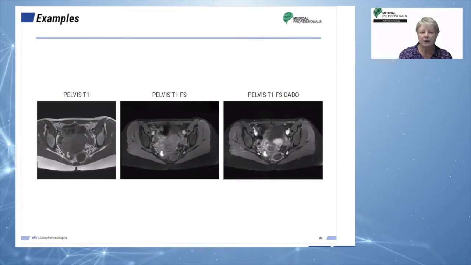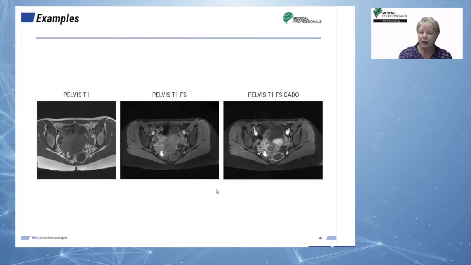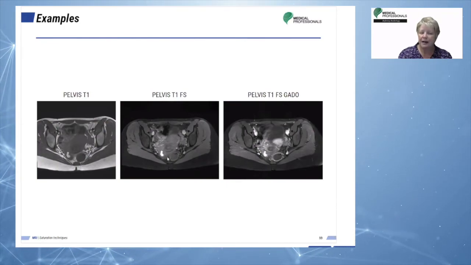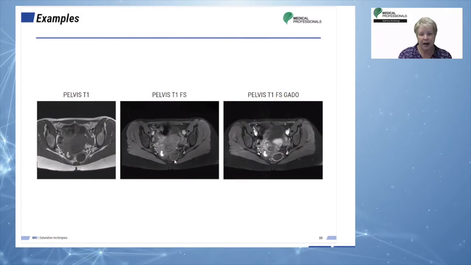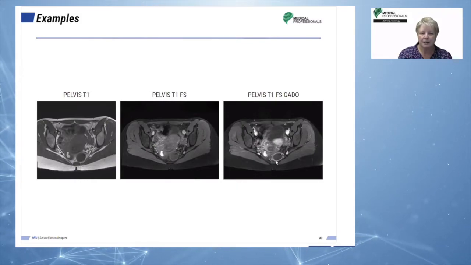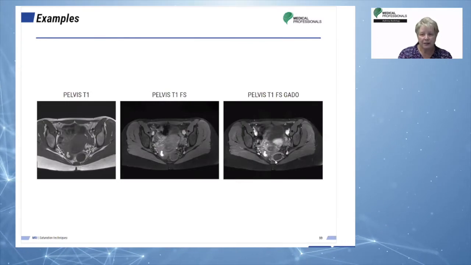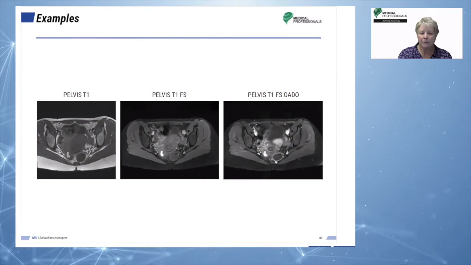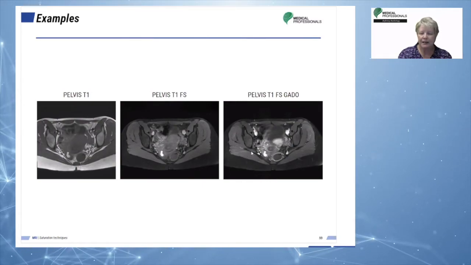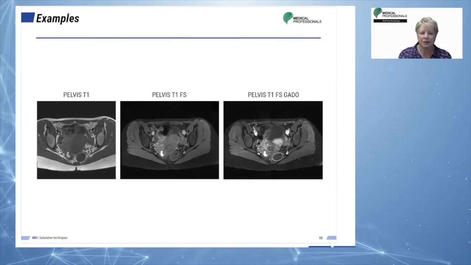The middle image shows T1 with fat saturation, and we visualize persistent hypersignal, telling us that the hypersignal seen is not fat and it is some type of pathology. The last image is after the injection of contrast and still with fat saturation, giving us even more information about the tissue based on the enhancement and fat saturation.